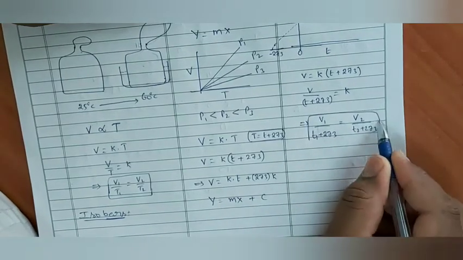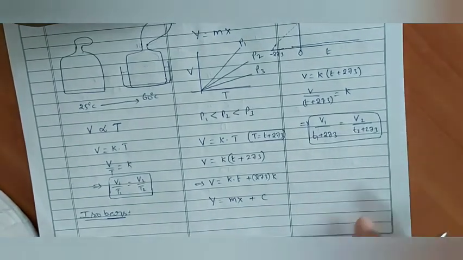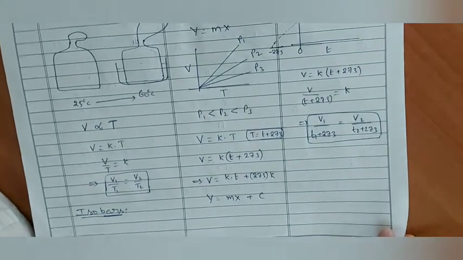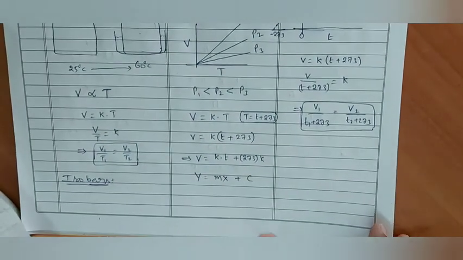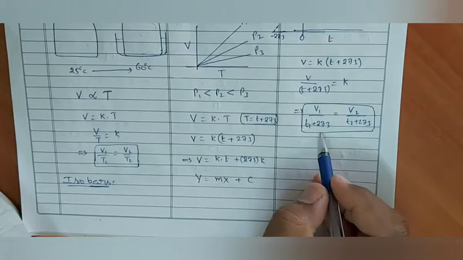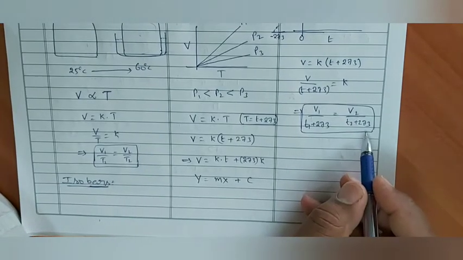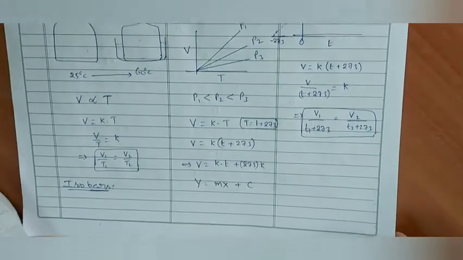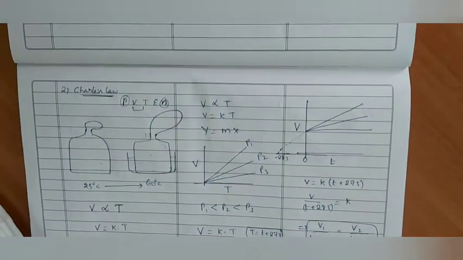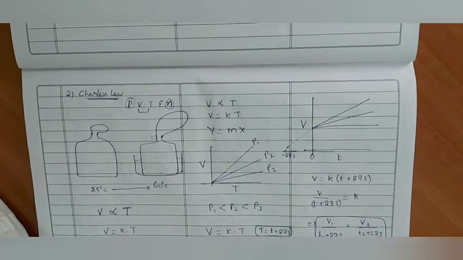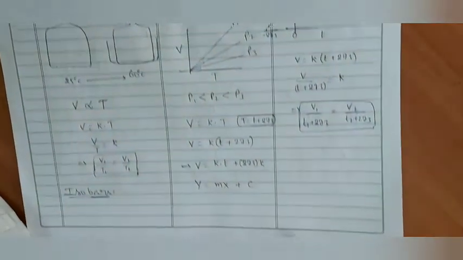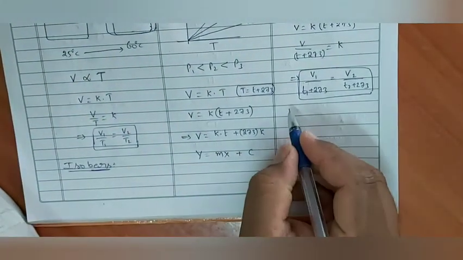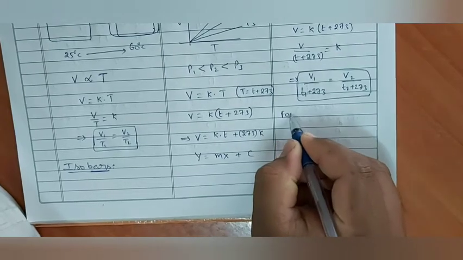This is one more formula. This is about the relation between volume and small t. Is it clear?